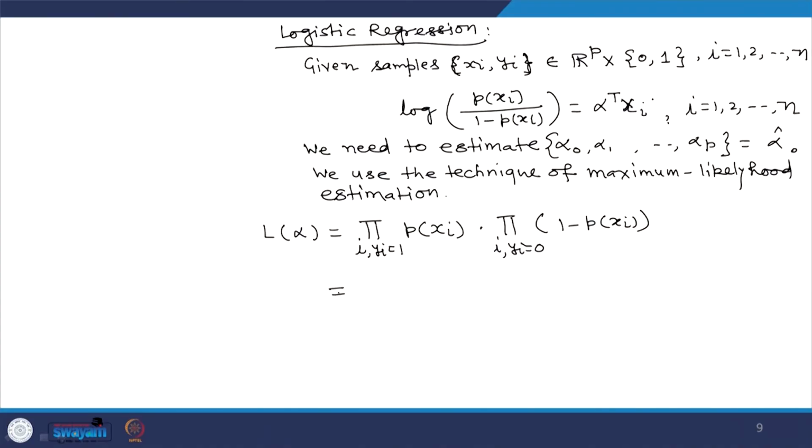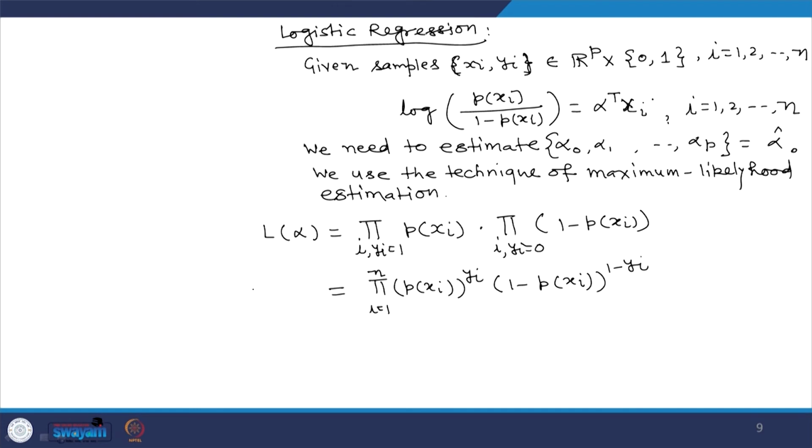I can write it in a better way: product over i equals 1 to n of p(x_i) raised to power y_i into 1 minus p(x_i) raised to power 1 minus y_i.